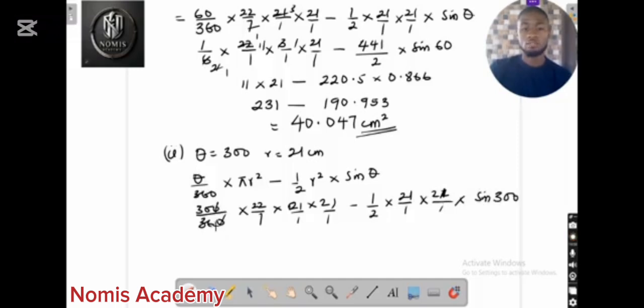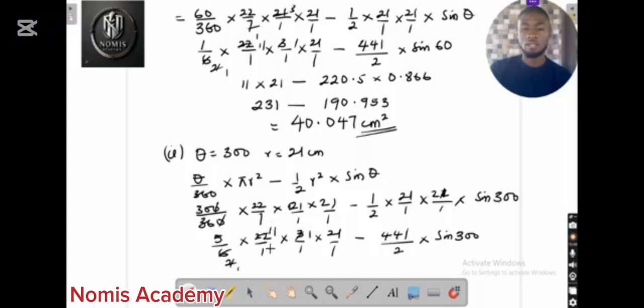So this 0 cancels 0, 6 into 300 gives 5, and 6 into 6 is 1, so I'm left with 5 over 6 multiplied by 22 over 1 multiplied by 3 over 1 multiplied by 21 over 1 minus 441 over 2 multiplied by sine 300. So 3 into 3 is 1, 3 into 6 is 2, and 2 into 22 is 11. So I'm left with 5 times 11, which is 55, multiplied by 21.